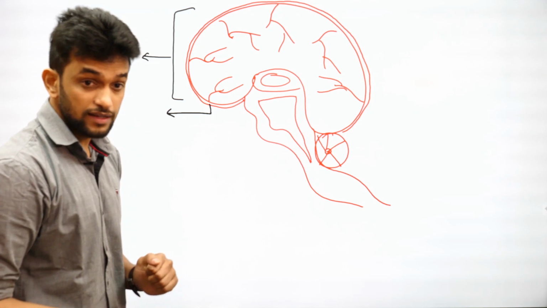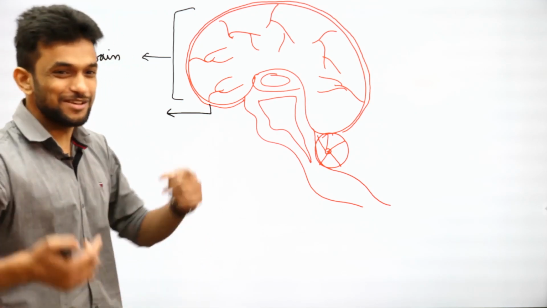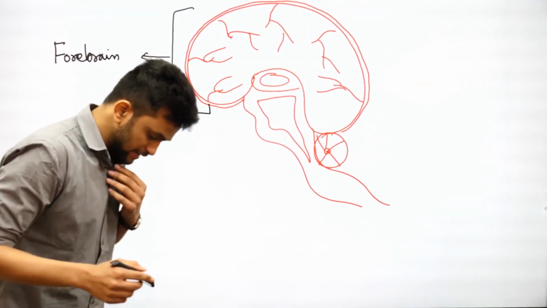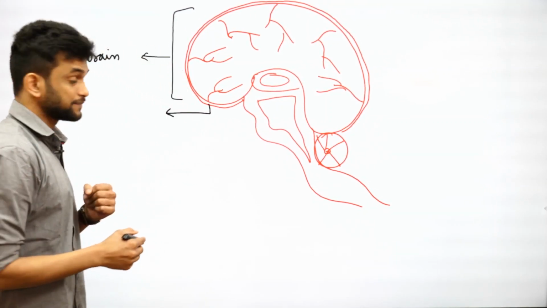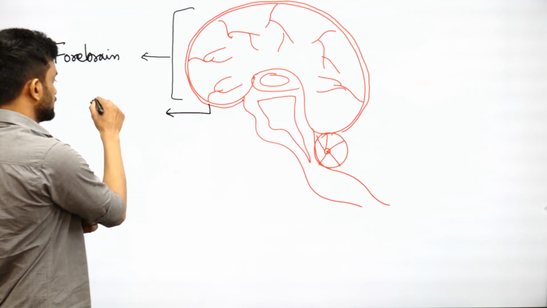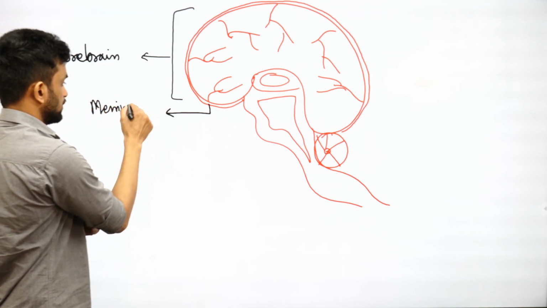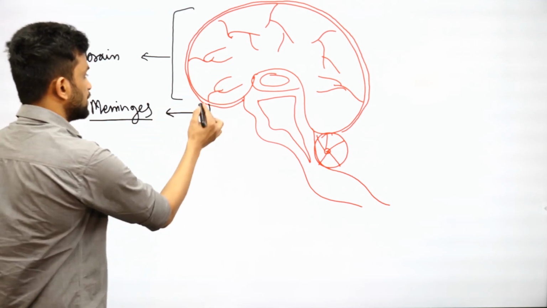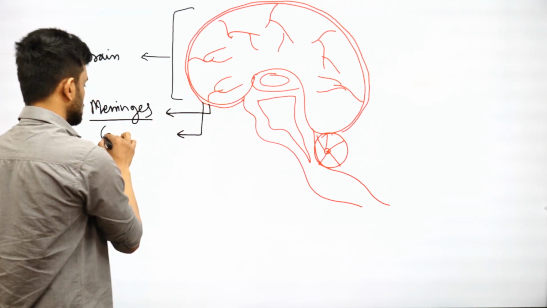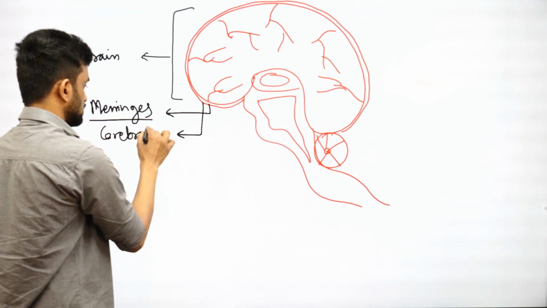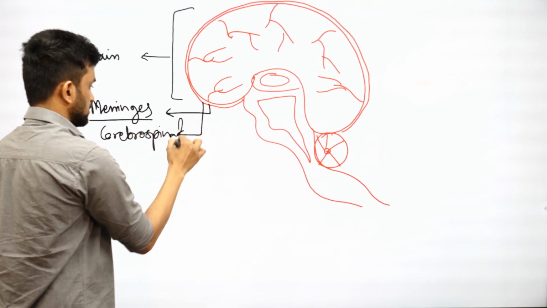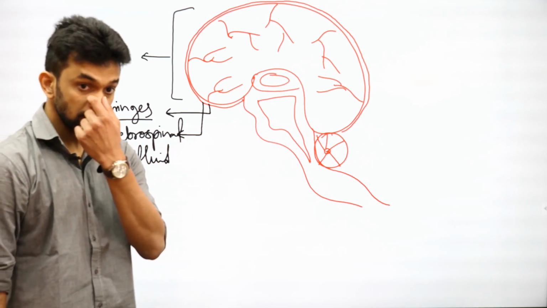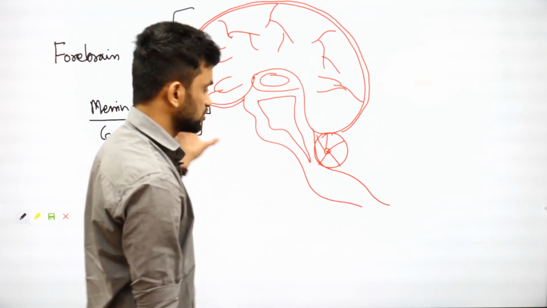What is the protective substance present in the brain? Meninges is the membrane which protects the brain. There is a fluid present between the meninges. What is that? Cerebrospinal fluid.